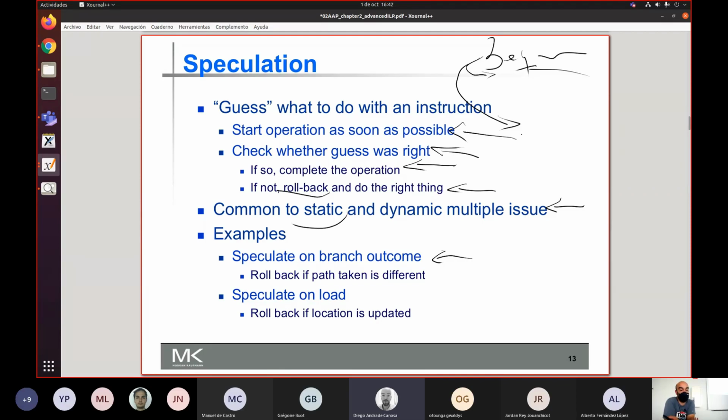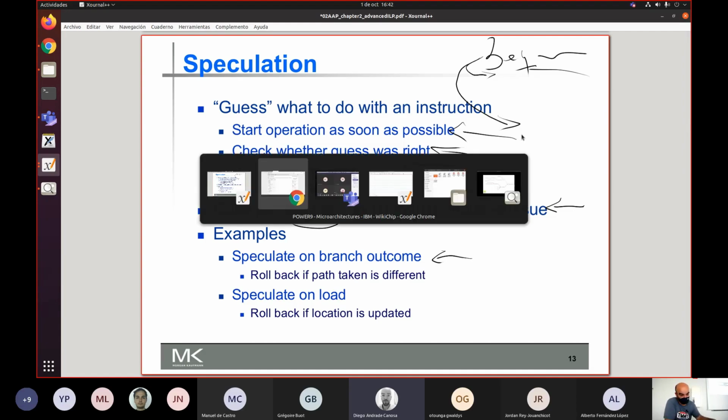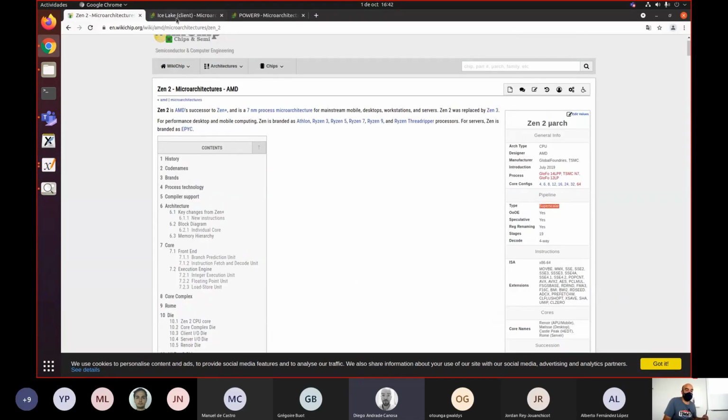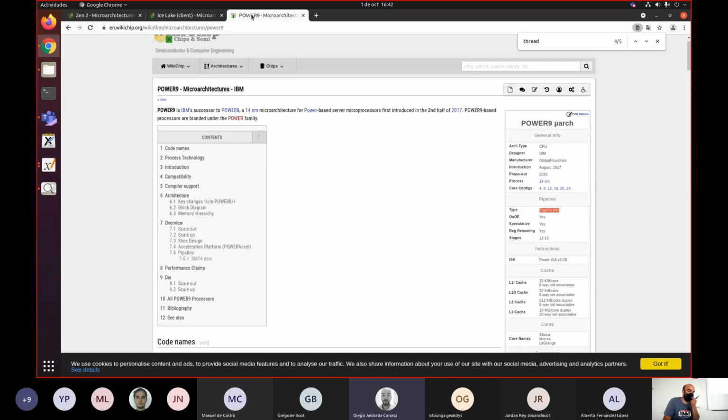And actually, if you check these three documents with these three state-of-the-art architectures, something that is described in great detail in these documents is the branch predictor, okay? Because this is a key component of the performance of a computer architecture, okay?